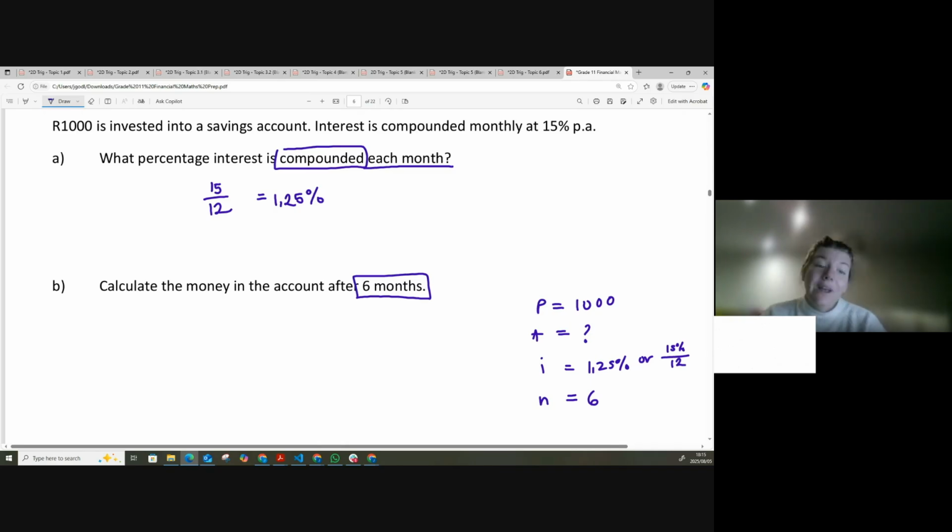So this is where that's why in grade 10, we shouldn't learn it as N as years. N is the number of times interest is added. So this is the interest that's going to be added each month, and it's going to happen 6 times.